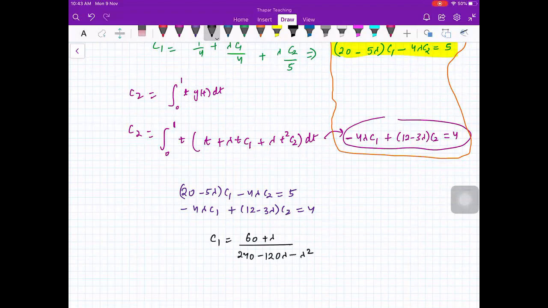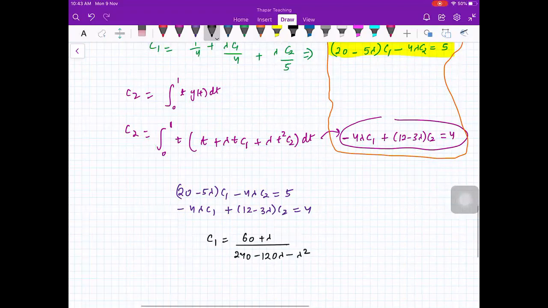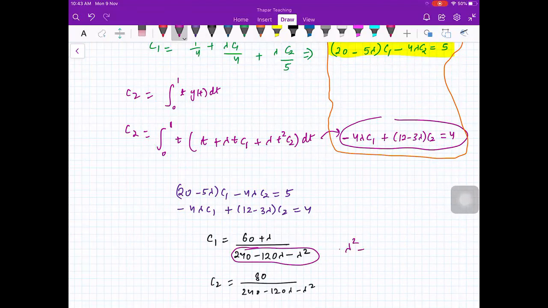You can do the calculations better. And C2 will be 80 upon (240 minus 120 lambda minus lambda square). And obviously, the condition is that this should not be 0. Lambda square plus 120 lambda minus 240 should not be 0.